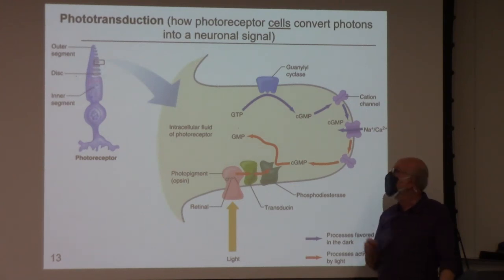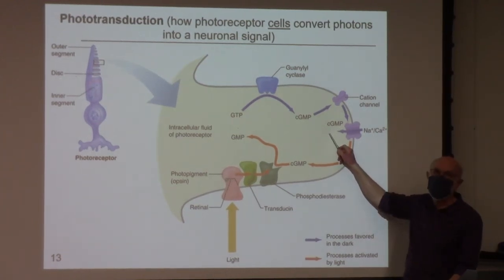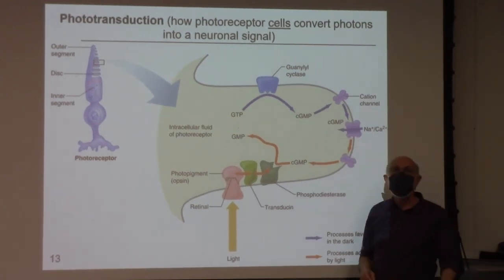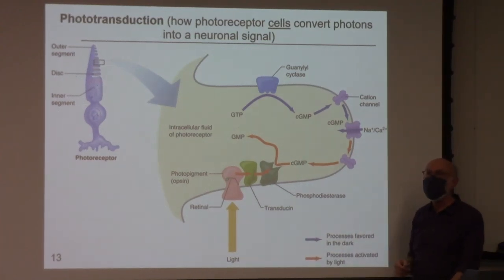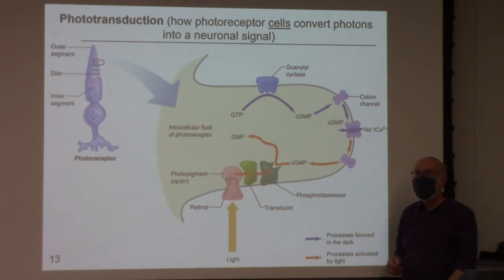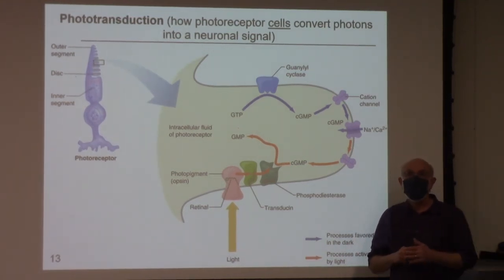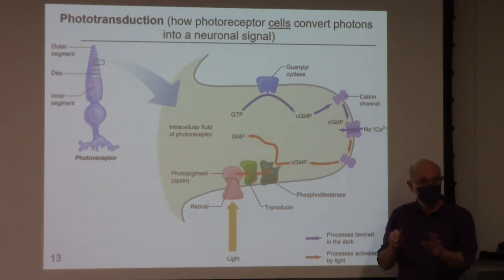Depolarized, because there's relatively high amount of sodium and calcium influx. That makes these cells relatively depolarized in the dark. And like other cells, depolarized cells are releasing a lot of neurotransmitter. We're going to get to that in a minute.